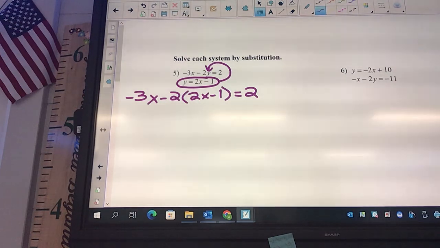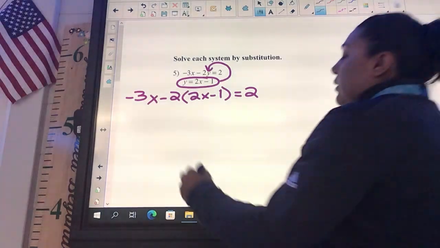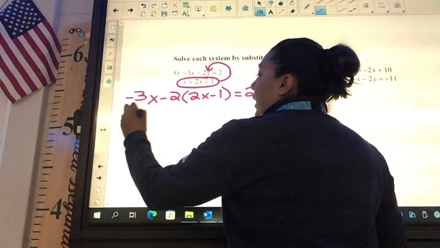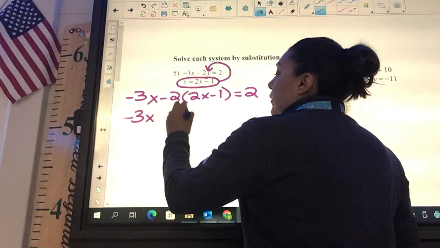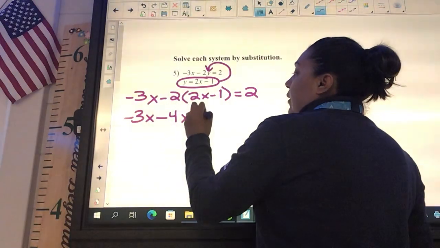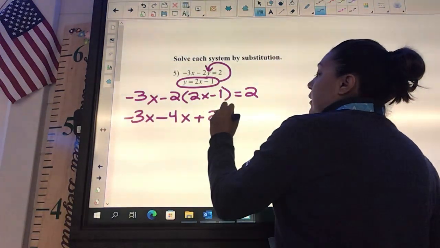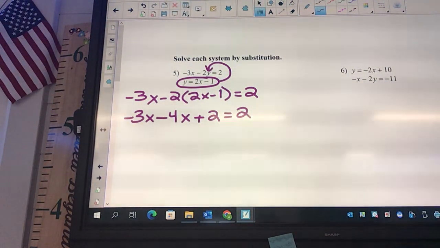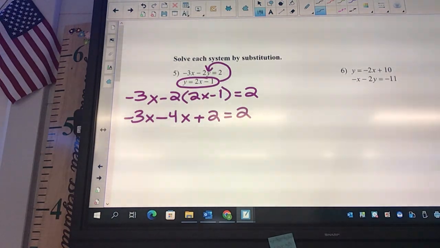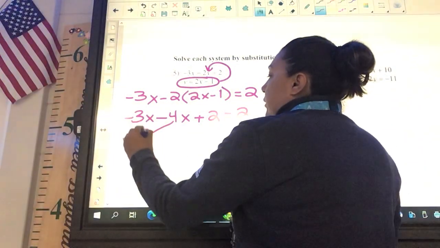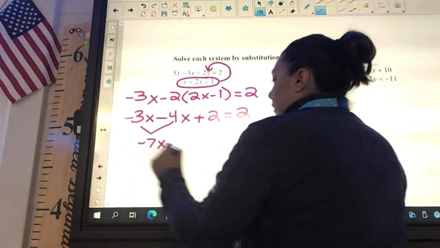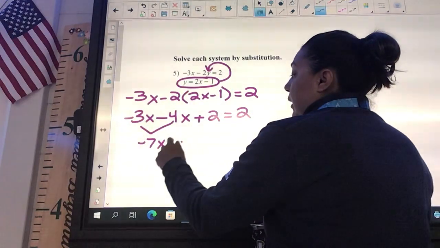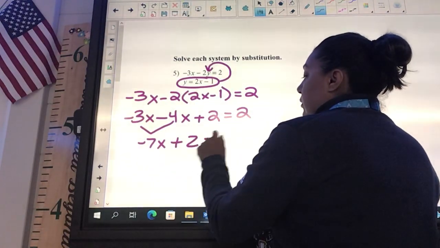What would your next step be? Distribute, okay? You gotta get rid of those parentheses. So you're gonna get negative 3x minus 4x plus 2 equals 2. And then what? Yeah, so we can combine these two to give me a negative 7x plus 2 equals 2.